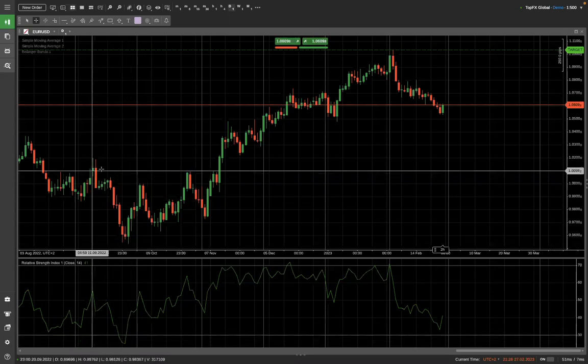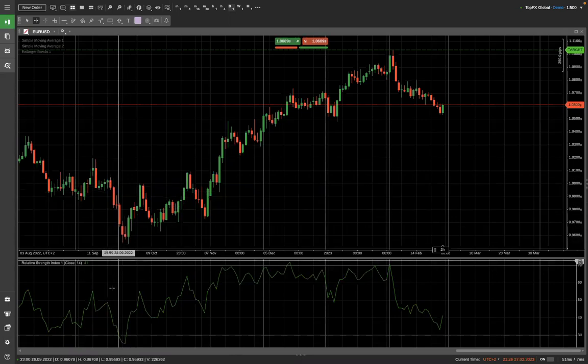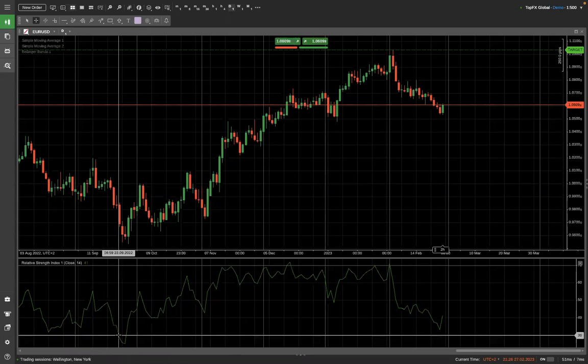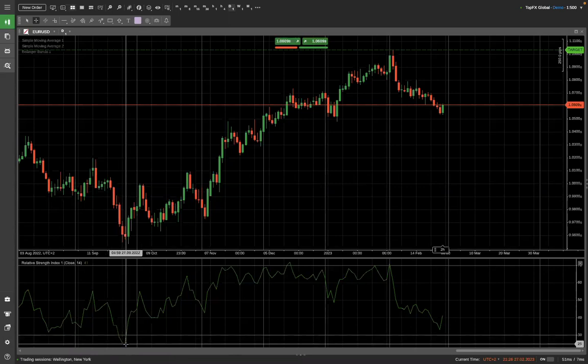The market goes very rapidly down, the indicator points down very sharply, breaks the level of 30, and goes towards the level of 25.